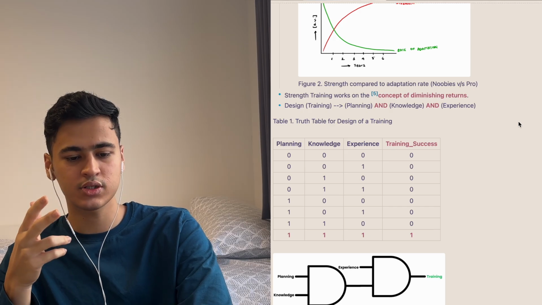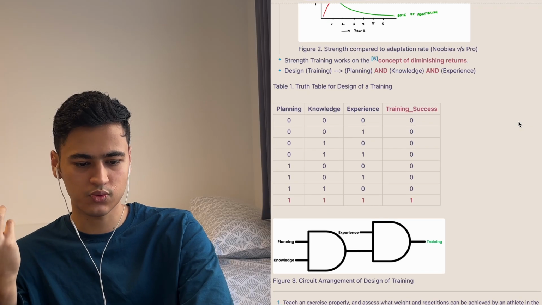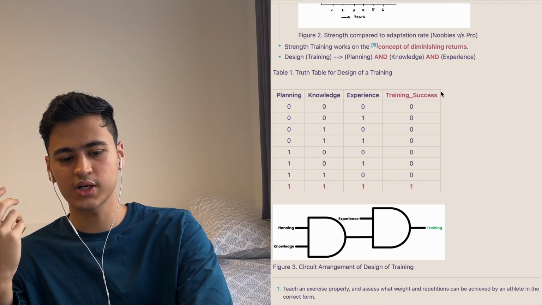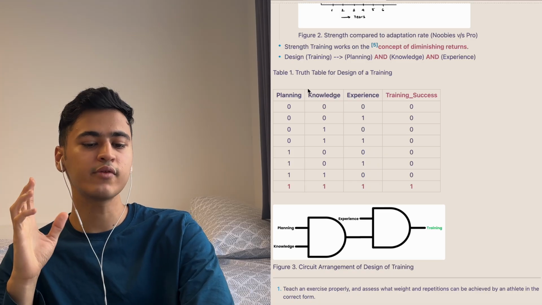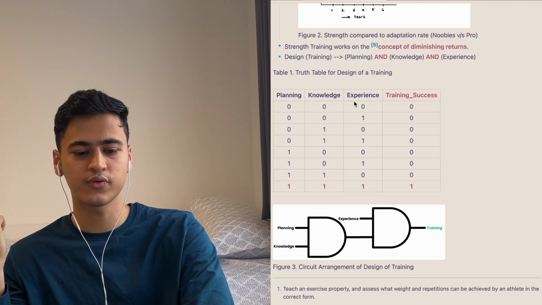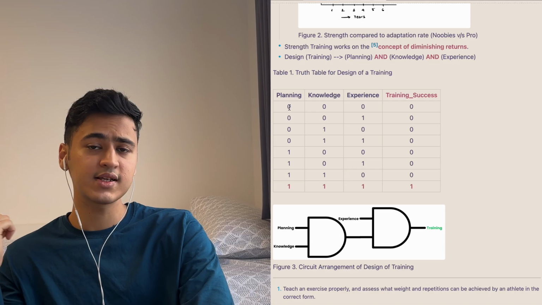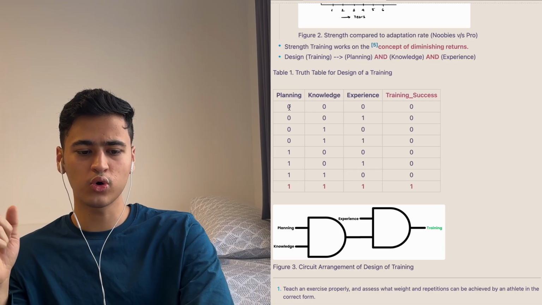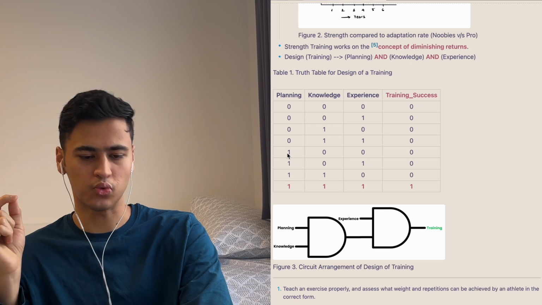Me being an engineer, it's very important that this concept is known to other people as well. So if we assume the truth table for the design of training, we have three inputs, which are planning, knowledge, and experience. We have one output, which is training success. The training success is true only when the planning, knowledge, and experience are all set to true.